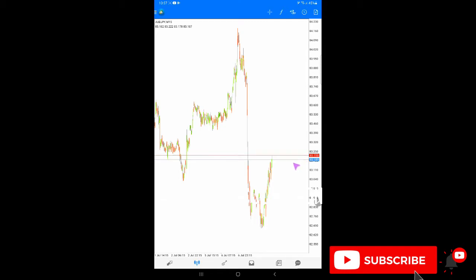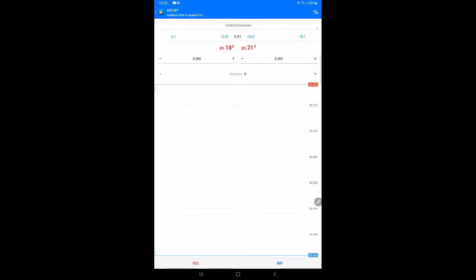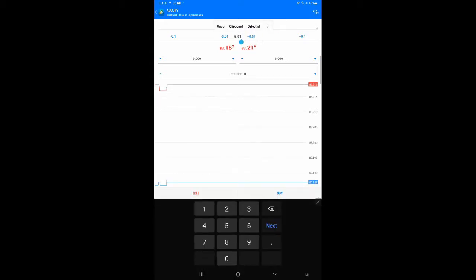Now if I want to sell this market, if I say this exchange rate is going to fall to this level, to somewhere 82.690, that's my analysis. I'm giving an instance now. All I'll do is just click this plus here. I'll teach you how to choose your lot size when I get to that.